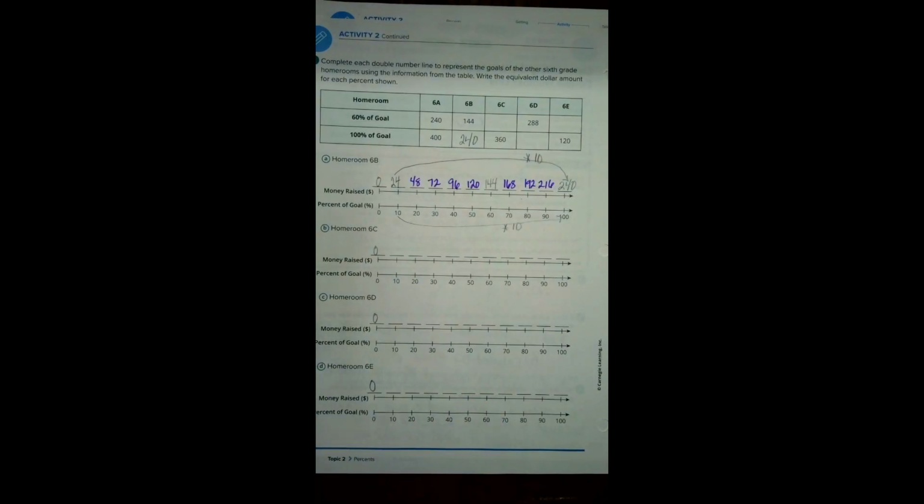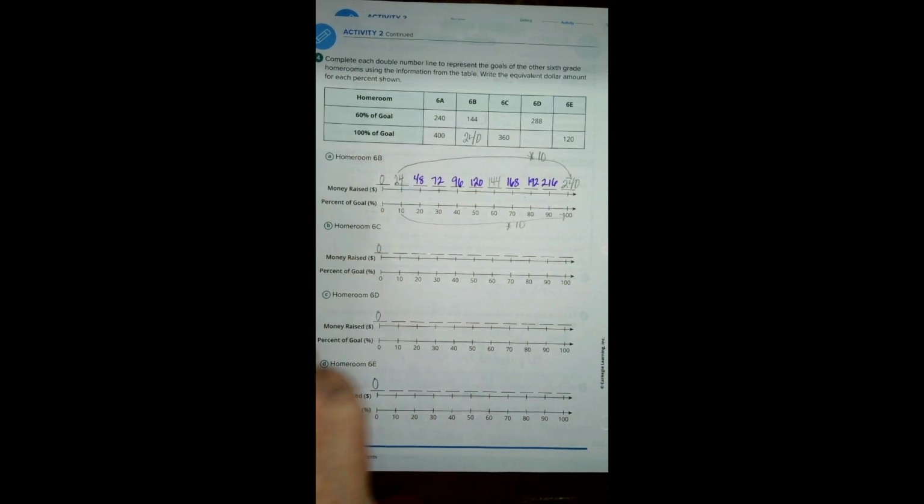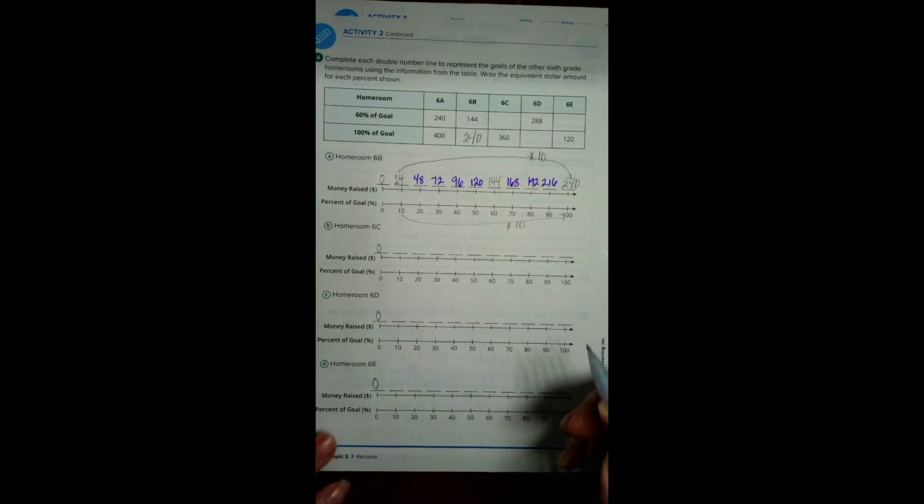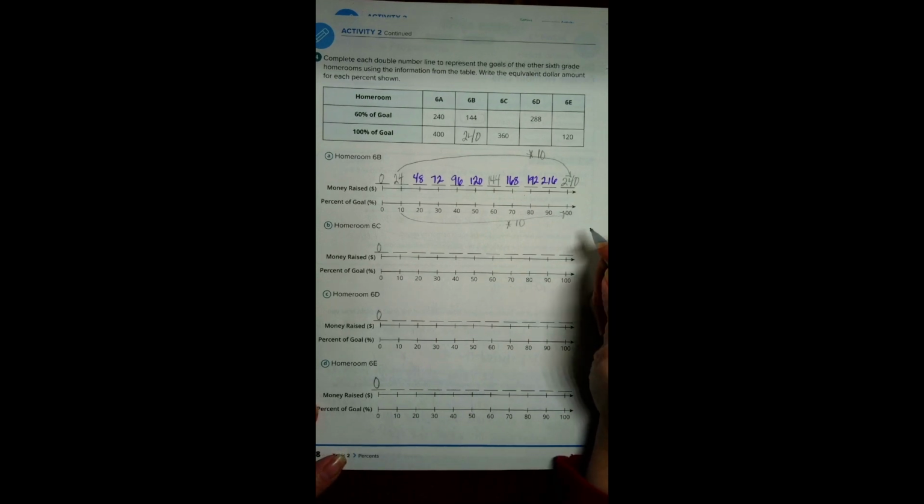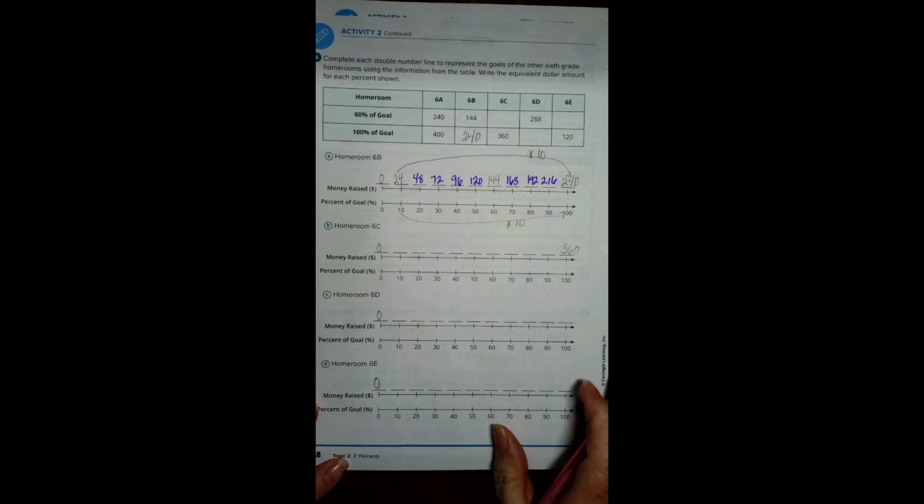Okay, homeroom 6C. They are giving us the 100%. So they're telling us that the 100% is 360. And now we need to figure out what they're at here at 60%.